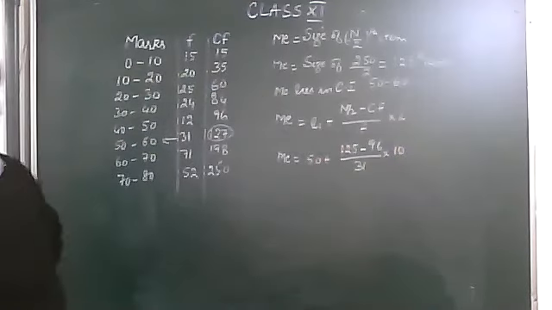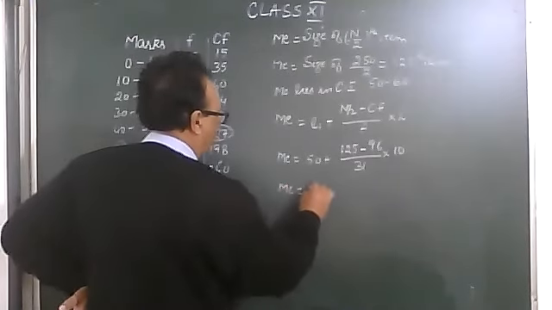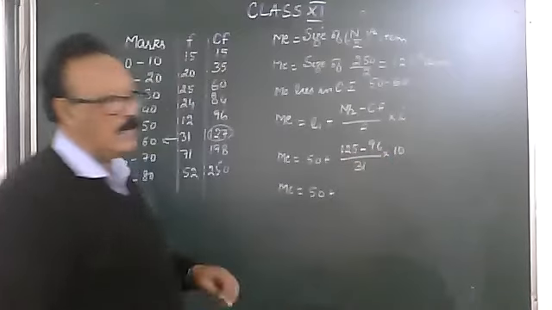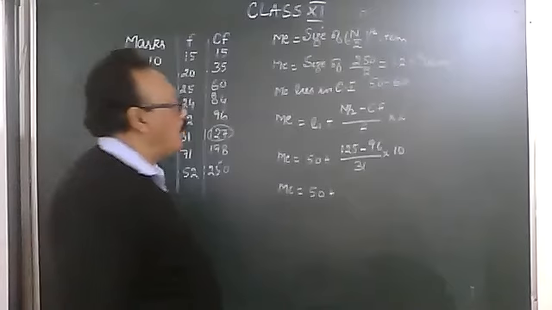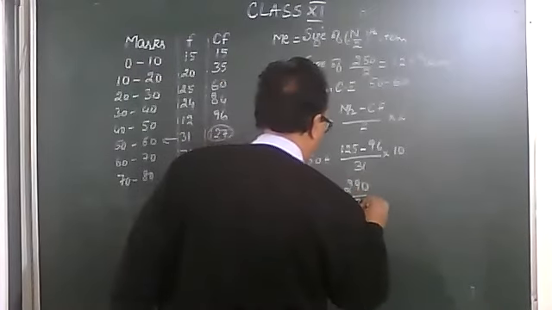Median is equal to 50 plus 125 minus 96 will give me 29. 29 times 10 upon 31.